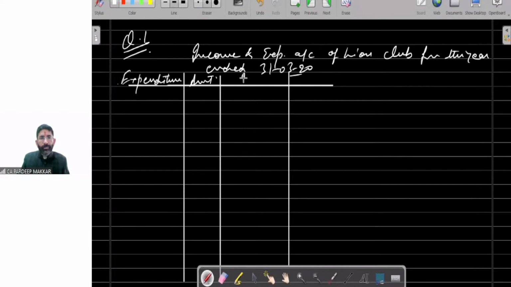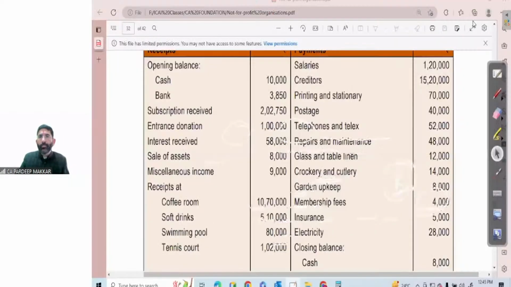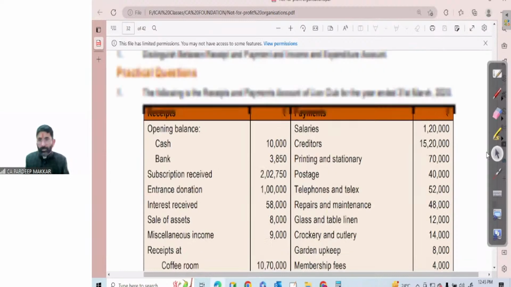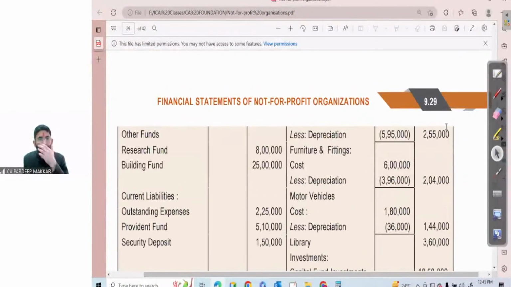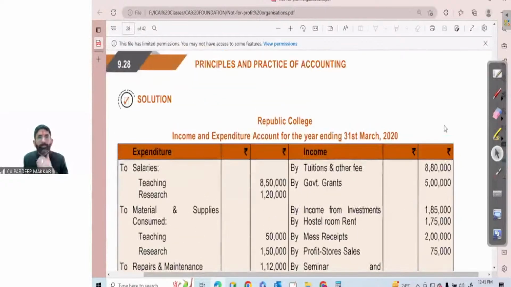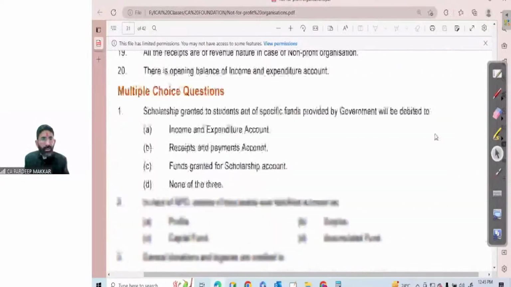Expenditure, income. This was practical question number 1, beta.